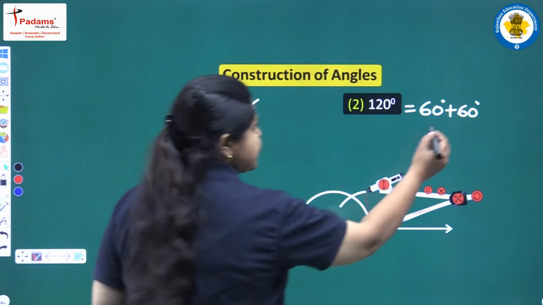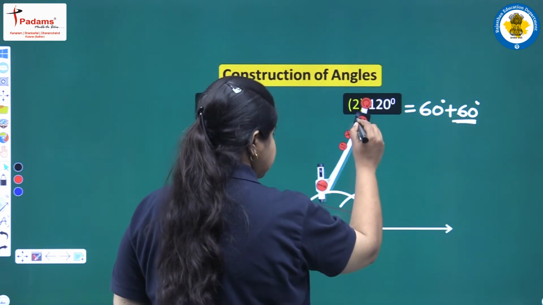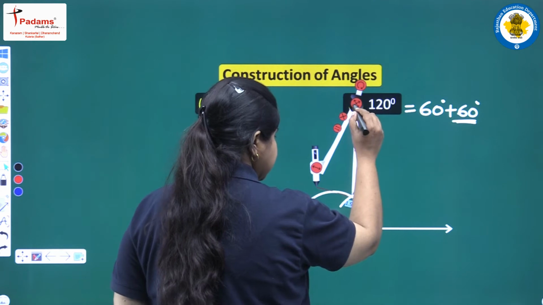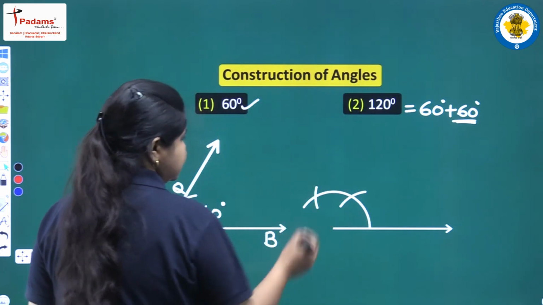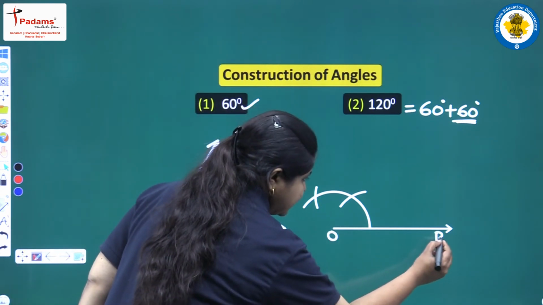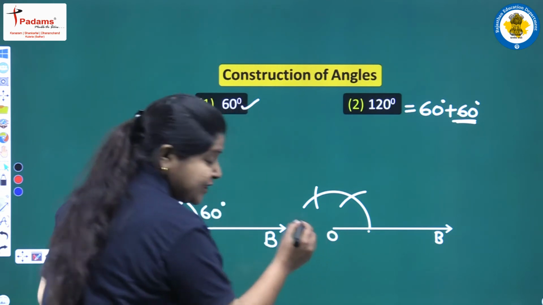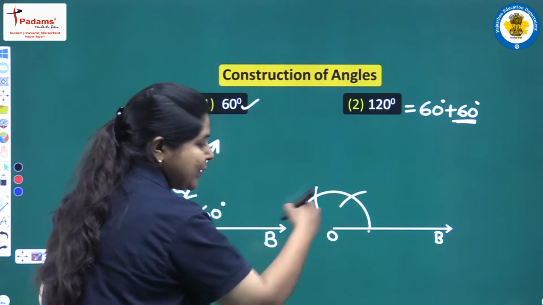We need to construct one more angle measuring 60 degree. So again we will keep the pointed end at this point, and with the same radius we will draw an arc. You can see, let this be point O and this one be B. So first we kept the compass, the pointed end at point O, and then we drew an arc.